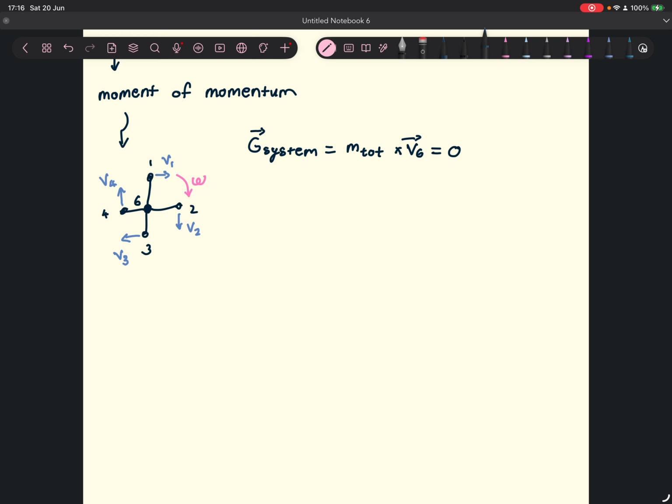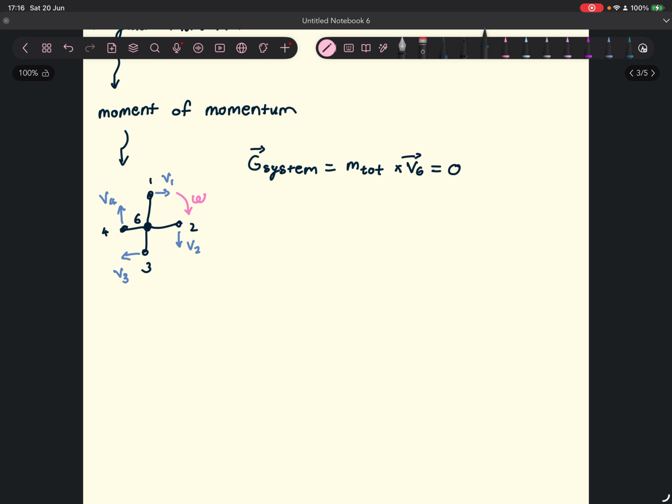And then to get the angular momentum about point G, we're going to say that it's equal to the sum of Ri crossed with Mi Vi, right?